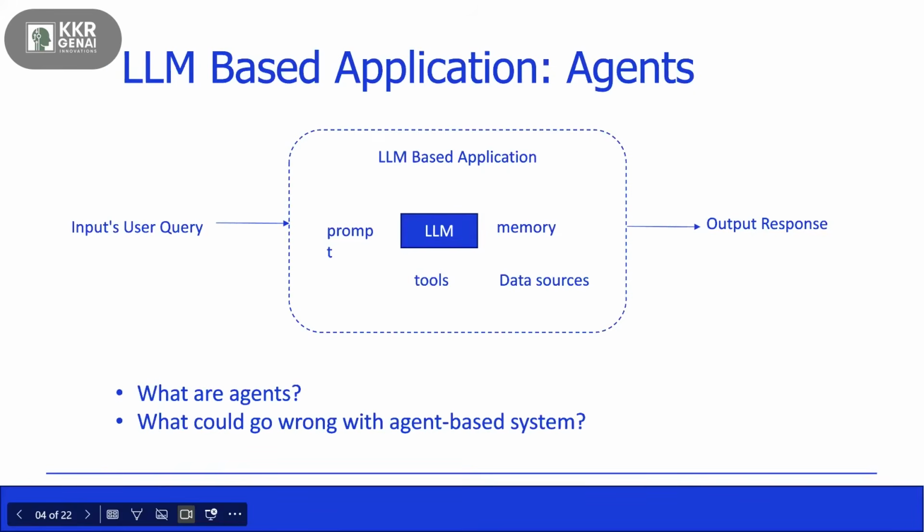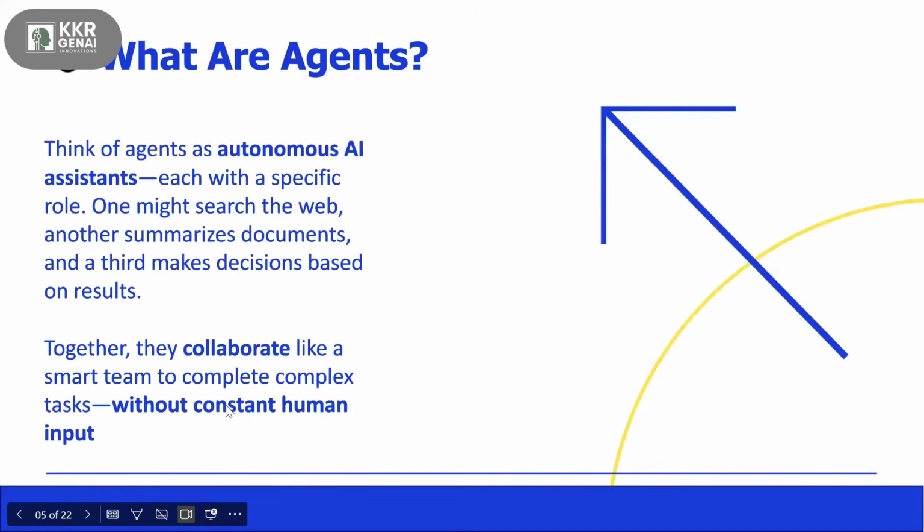So, what are agents? As I discussed, agents are nothing but tasks that are automated, replicating how a human would take a decision or control a particular situation. We are replicating that with agentic frameworks.